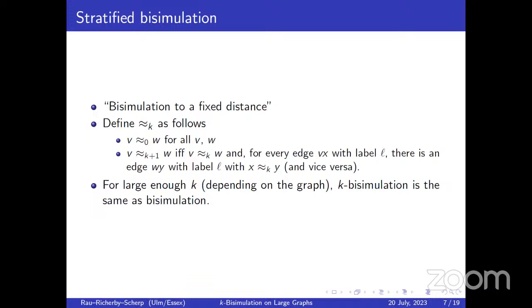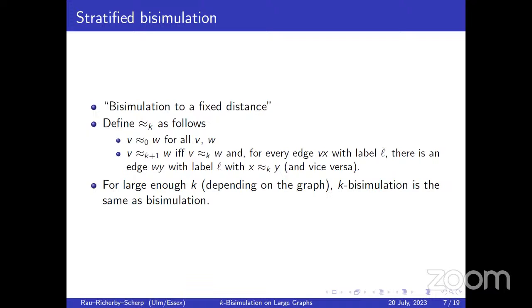Now, for any given graph, the full bisimulation that I described on the previous slide is equivalent to k-bisimulation for some k. Basically, if you take the diameter of the graph or something like that, then any path longer than that must wrap back around, and you can't make any new distinctions by looking at those.